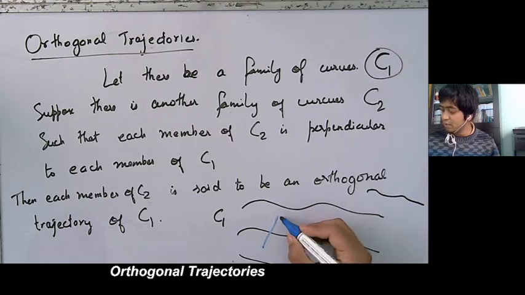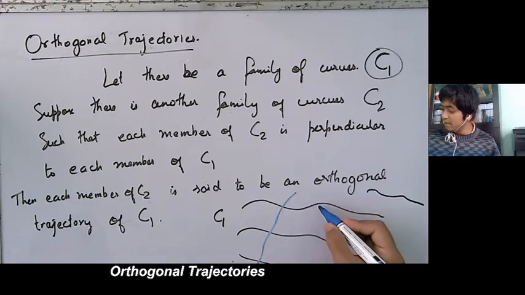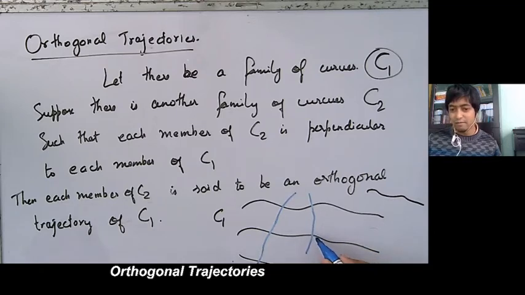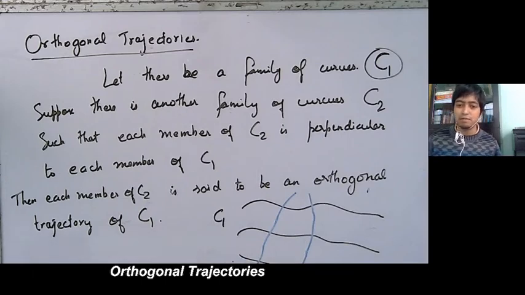Again, it has to be perpendicular to this. So if it continues, then maybe like that. Similarly, over here, it has to be perpendicular to this. Again, it has to be perpendicular to this other curve right here, and again to the other curve, and again to this one. If we continue, then we have to draw in such a way.